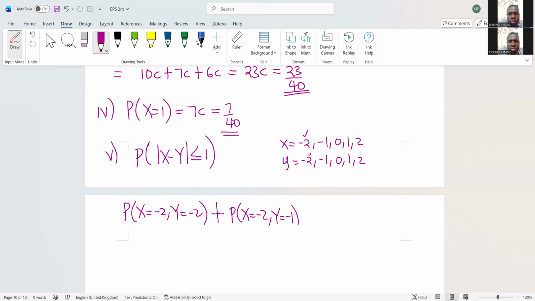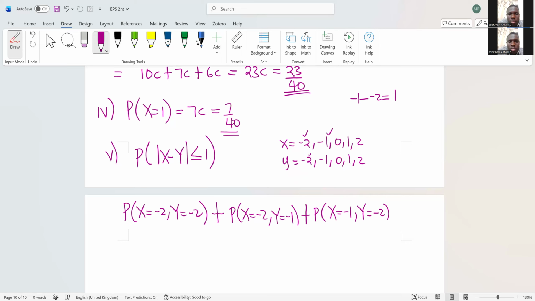What is the next value of x? The next value of x is -1. So we have -1 minus -2. -1 minus -2 gives a 1, which is less or equal to 1. So that satisfies. So we have plus probability of x equals -1, y equals -2.